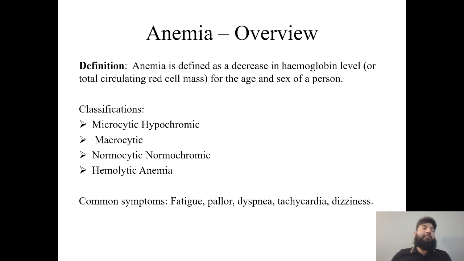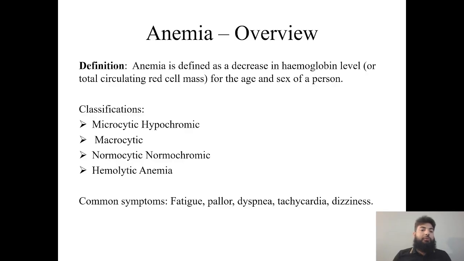So in female it varies from 11.5 to 15.5 milligram per deciliter because of the lack of androgen and menstrual loss of blood.